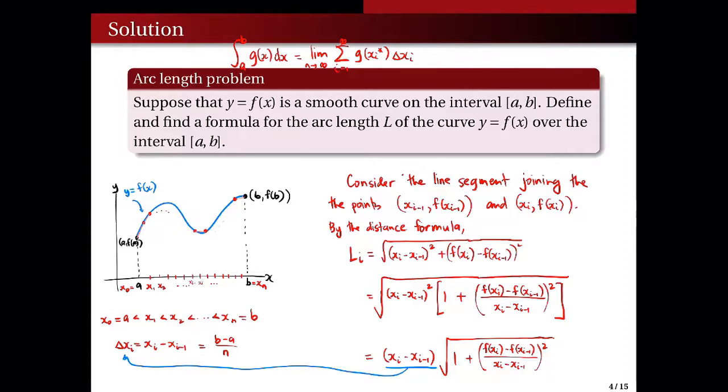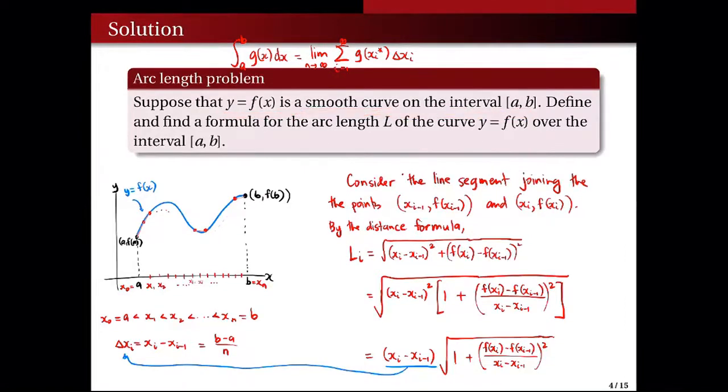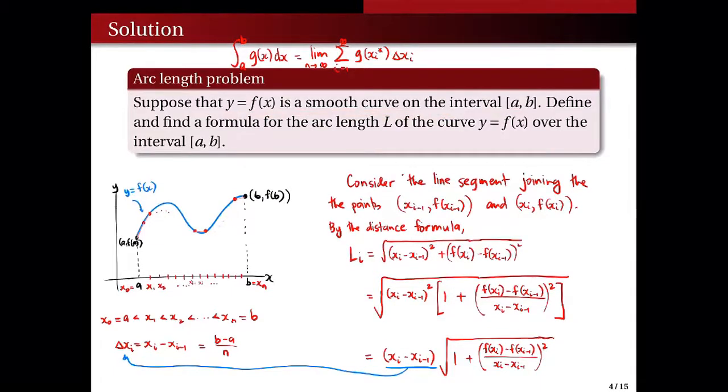Okay? Take note that the function y equals f of x is smooth on the interval AB. It means it is differentiable on the interval AB, and furthermore, the derivative is continuous. Okay? So the function y equals f of x is differentiable on the interval AB, and furthermore, the derivative is also continuous.